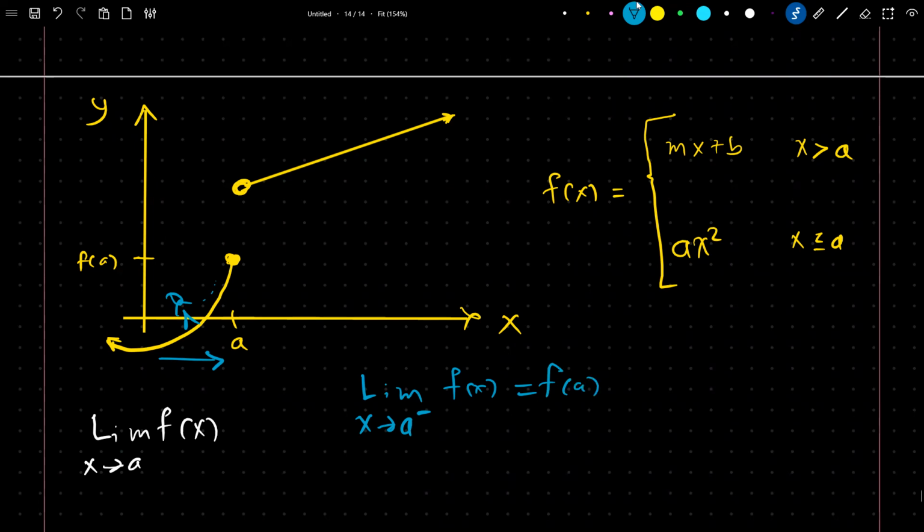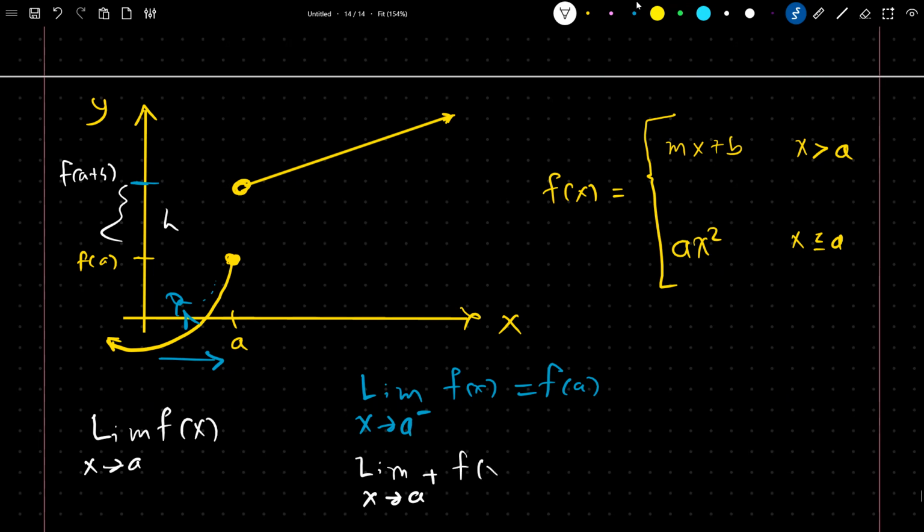But here, this is not f of a, right? This is f of a plus some kind of distance, so we'll just call it f of a plus h, where h is the distance between a and this point, whatever it is. If we look at the right-hand side, it's the same definition as the right-hand limit, except now we use this plus sign.